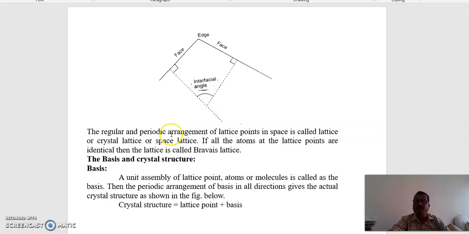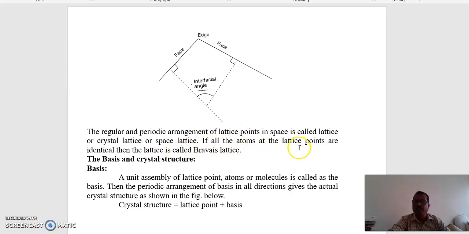Then the regular and periodic arrangement of these lattice points in space is called a lattice, crystal lattice, or space lattice.